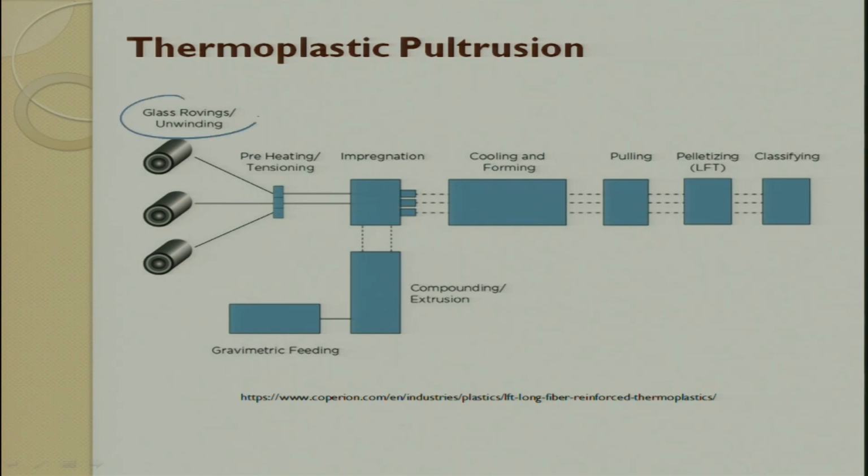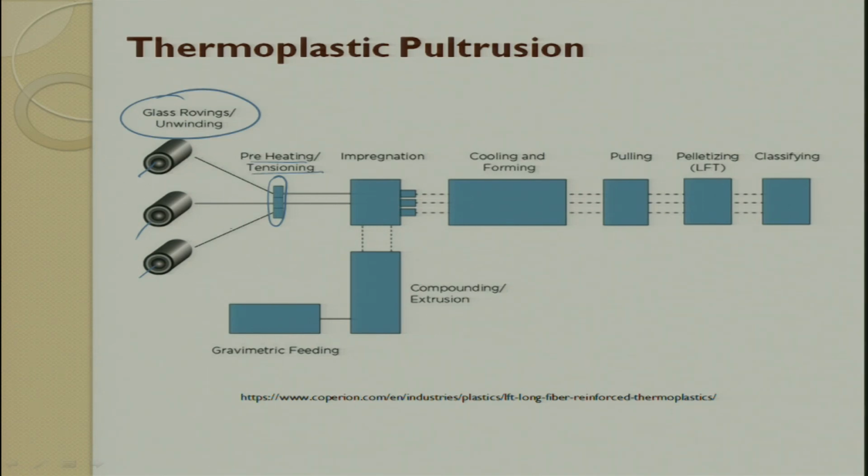So, you will have glass rovings which are coming out of the reels or spools. They will be asked to move over a preheated tension unit wherein it is maintained. At this stage they maintain a proper tension so that you get a regular infeed.